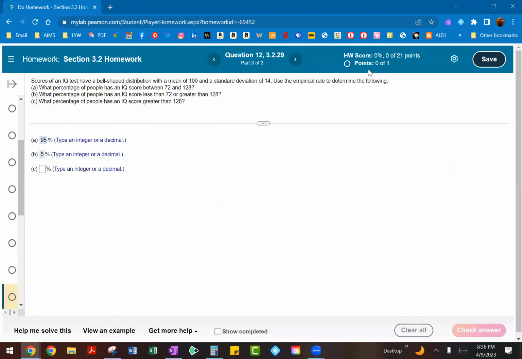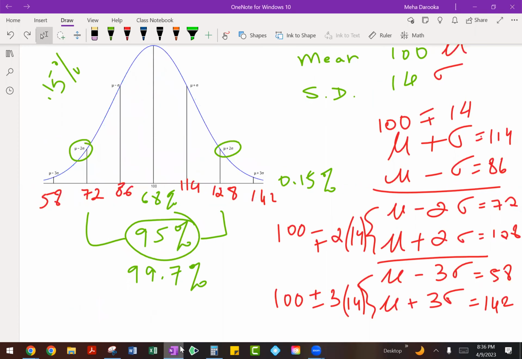All right, wonderful. And then the last part was asking, what percentage of people have an IQ score greater than 128? So let's take a look at that. Greater than 128 is only going to be this section over here. So right now we calculated that there were 5% of people who were less than 72 or more than 128.